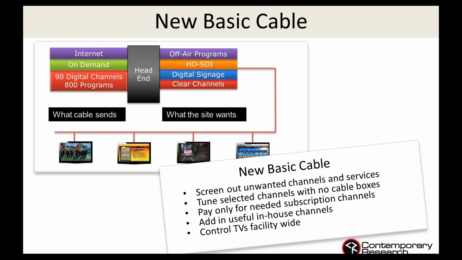And then, because they're only carrying a few channels, they can also distribute some of their in-house. So for example, WWE takes the HD SDI feed from their studios and broadcasts that as a TV channel all throughout their building. So everybody has a TV on their desktop and they can see what's coming out of the studio at any time they need to.